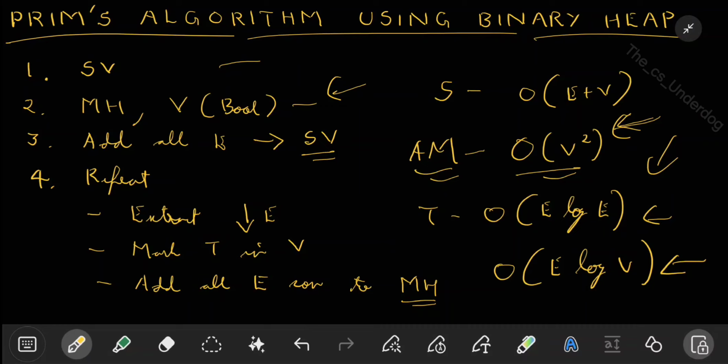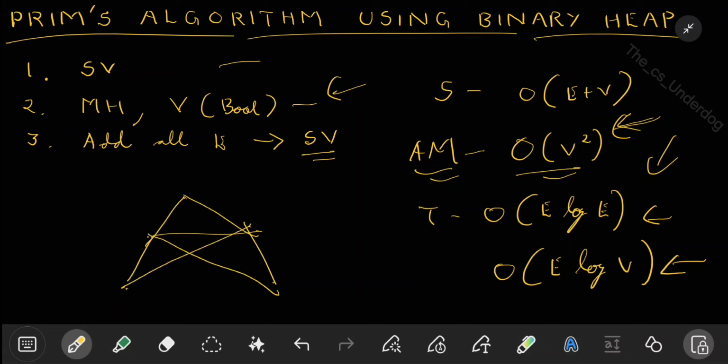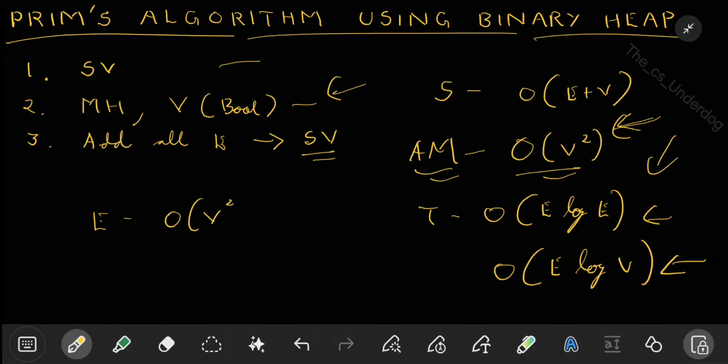Then the question is, when should you use which representation? Whenever your graph is a dense graph. What is a dense graph? In a dense graph, you will have a lot of edges. That is, if you have some vertices and a lot of edges in this graph, that is a dense graph. What happens is, the number of edges will be order of V square.